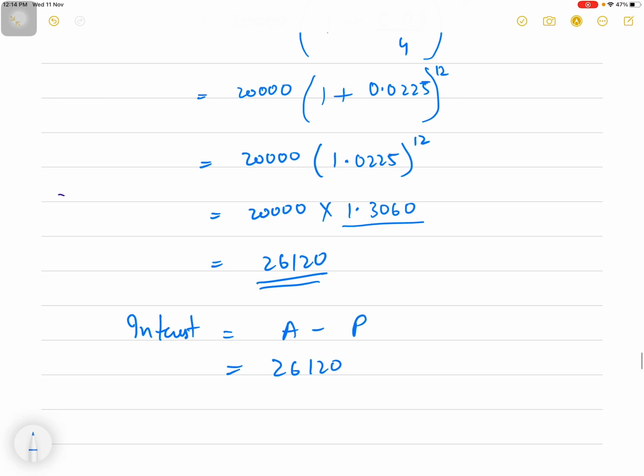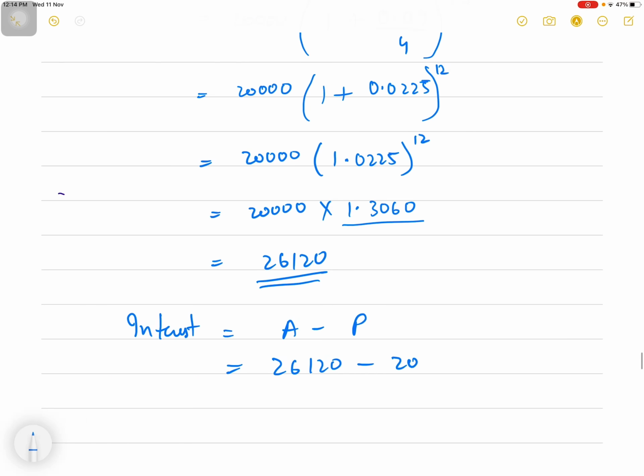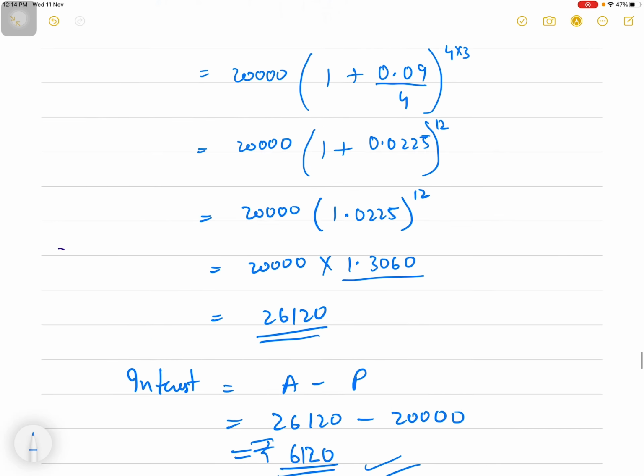Amount is 26,120 minus principal, which is 20,000. So 26,120 minus 20,000 comes to 6,120. So interest is 6,120 if compounding is done quarterly.